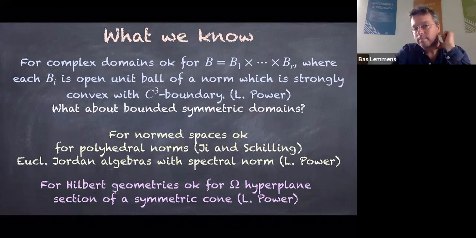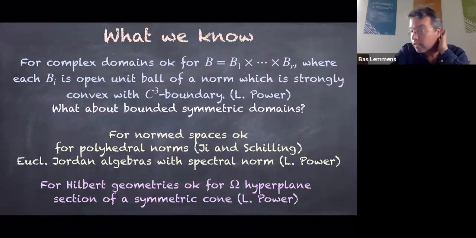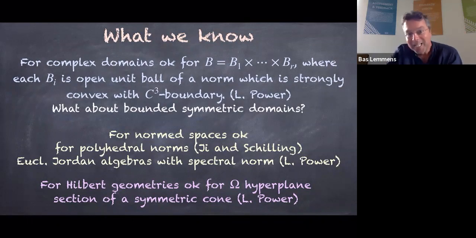There I need strong convexity and C3, and I also need, on each of the components, that the identity extends as a homeomorphism. So I think the experts could probably easily generalize this statement for complex domains. But I'm more interested in actually going to bounded symmetric domains. That's where I think something interesting could happen.